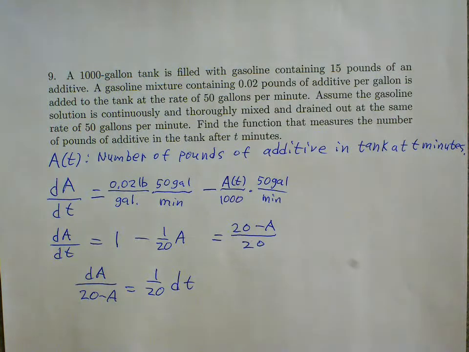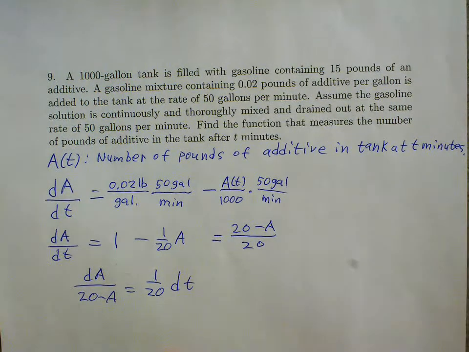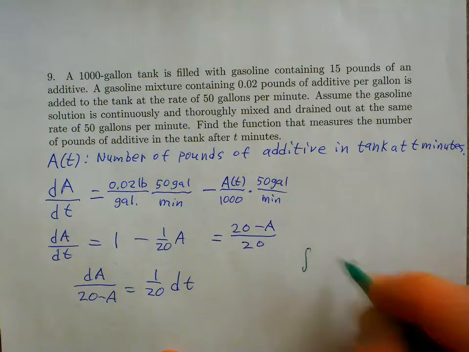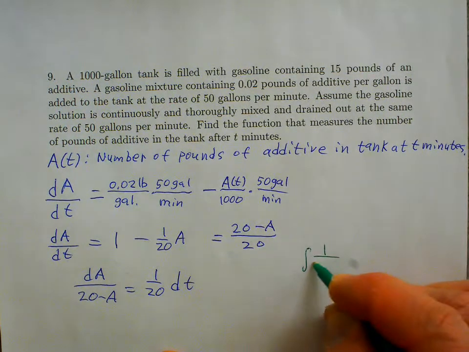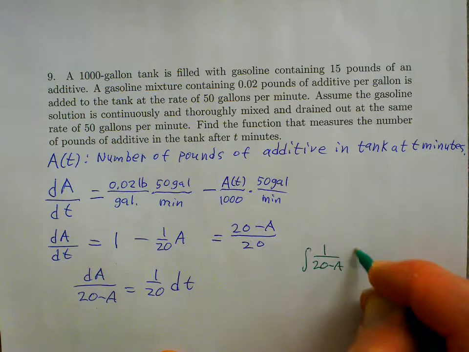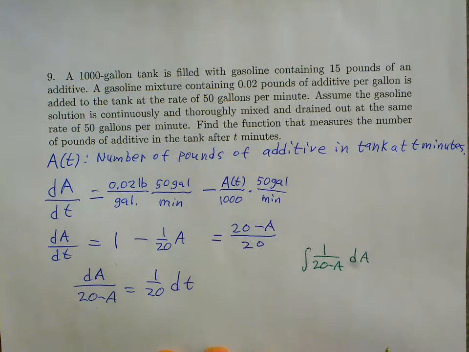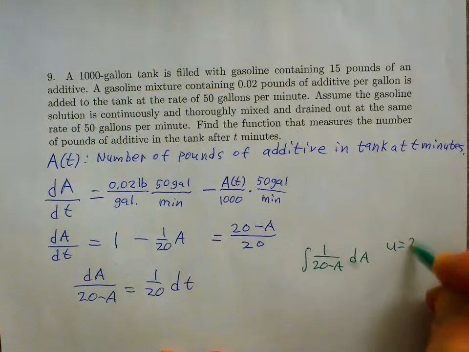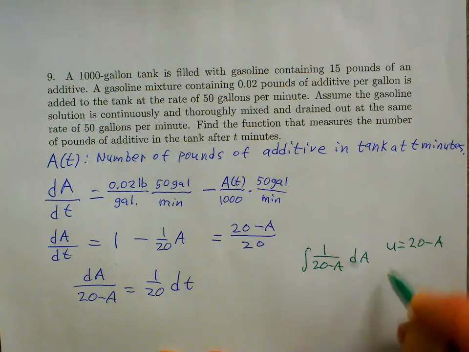Okay, so yesterday there was a question about what took place when we found the antiderivative of this. So if we just look at that in isolation, you have the integral of 1 over (20 minus A) dA. And then if you assign u to be 20 minus A, du is negative dA.